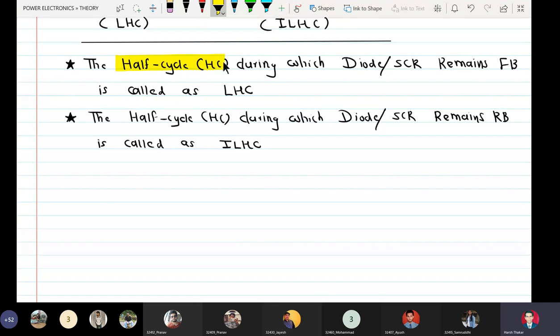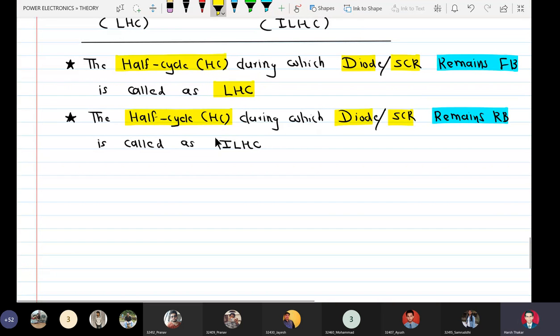So the half cycle during which the diode or SCR remains forward biased is called legal half cycle, while the half cycle during which diode or SCR remains reverse biased is called illegal half cycle.